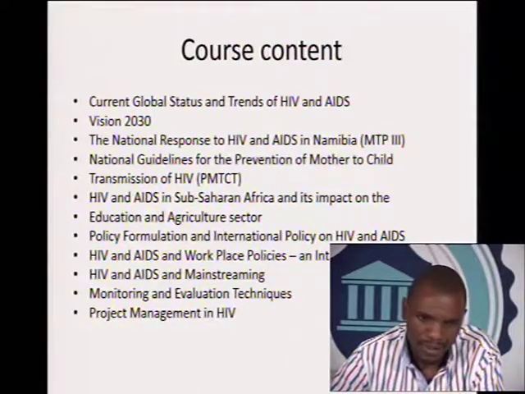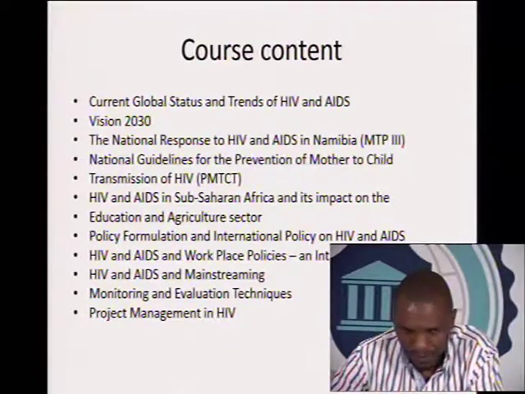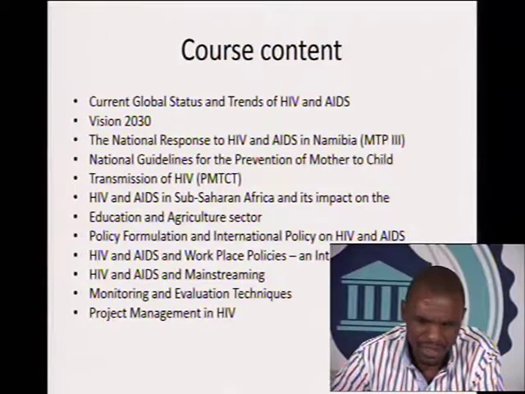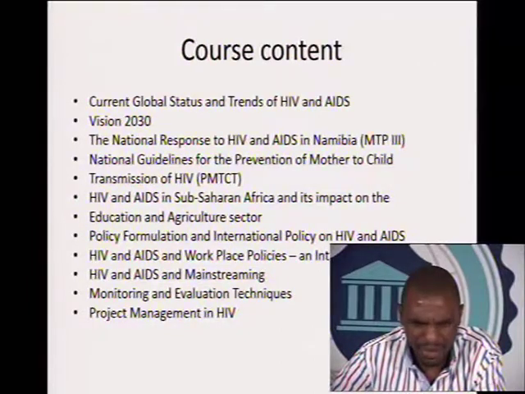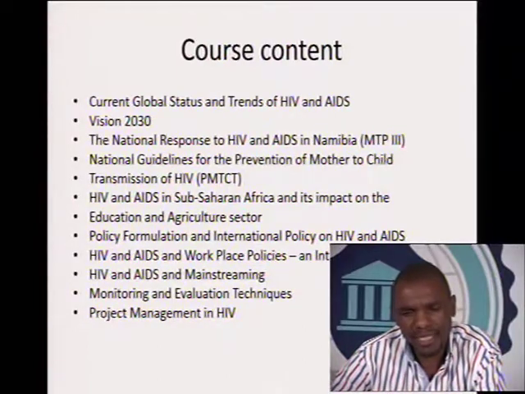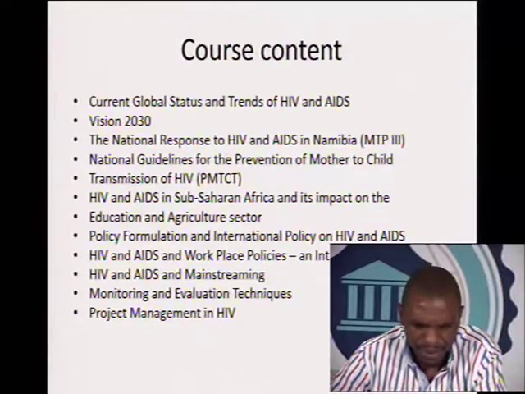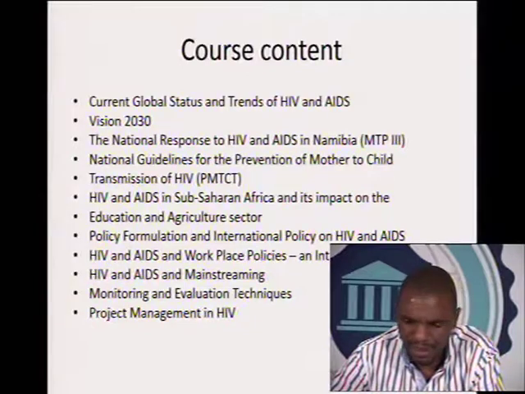This module looks at the current global status and trends of HIV and AIDS, Vision 2030, the national response to HIV and AIDS in Namibia, national guidelines for the prevention of mother-to-child transmission of HIV, PMTCT, HIV/AIDS in Sub-Saharan Africa and its impact on education and the agricultural sector, policy formulation and international policy on HIV and AIDS, HIV/AIDS in the workplace policies and introduction, HIV/AIDS mainstreaming, monitoring and evaluation techniques, project management in HIV.